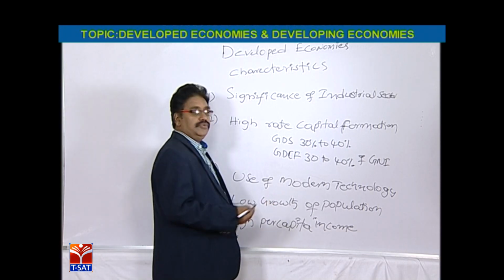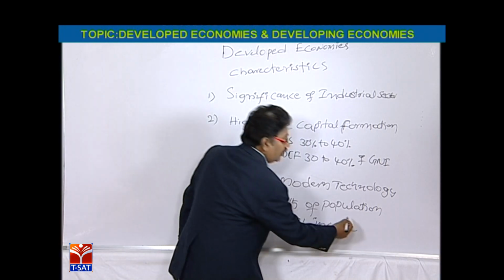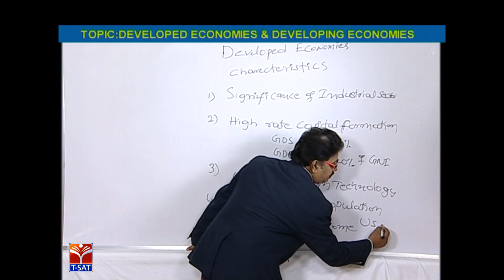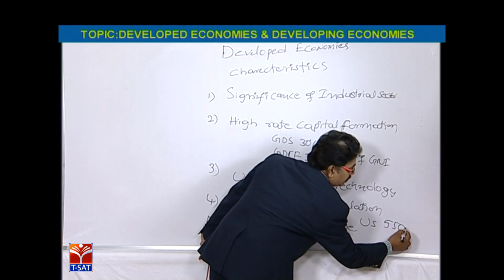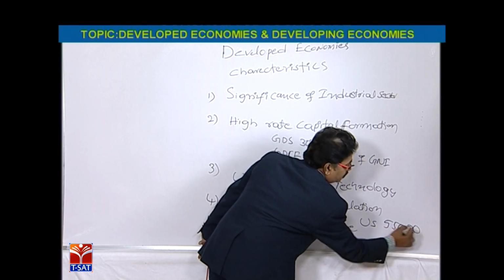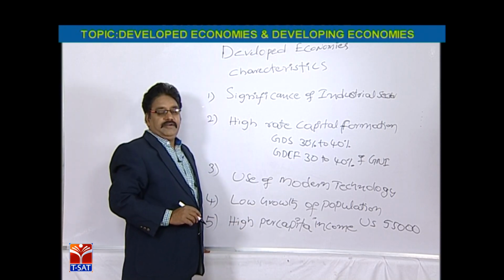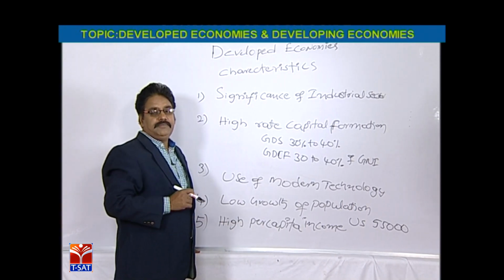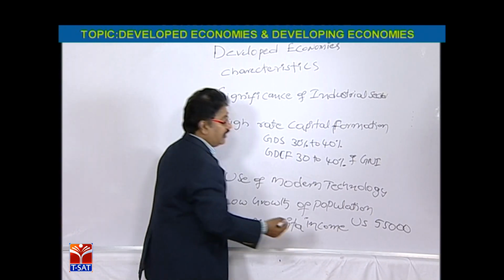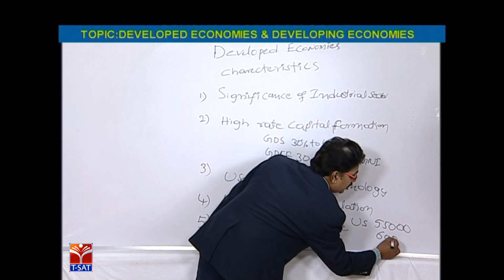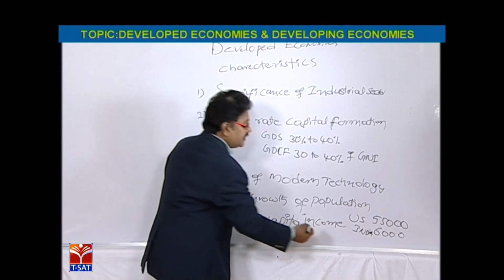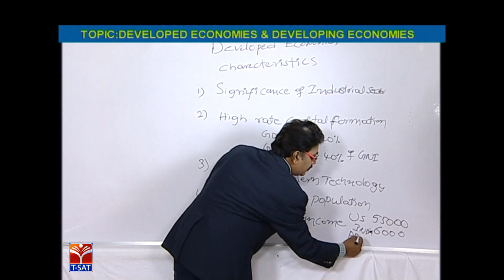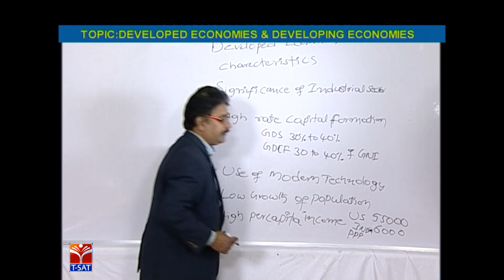For example, the US has about $55,000 of per capita income, whereas in our India we have $6,000 according to purchasing power parity.